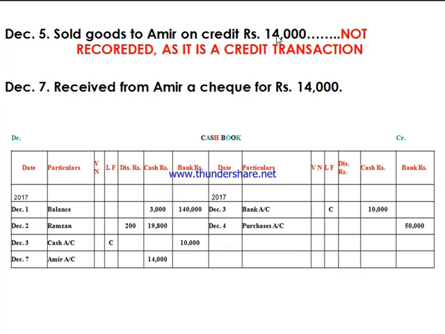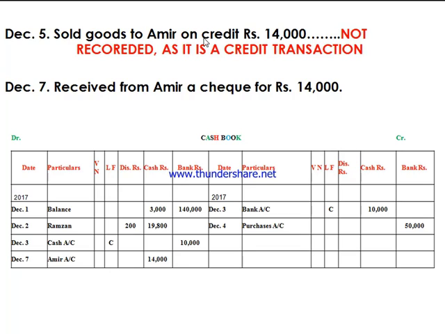As you know, this is a credit transaction, and in the cash book we will record only cash transactions. All those transactions in which cash is involved, we will write down only those transactions in the cash book.